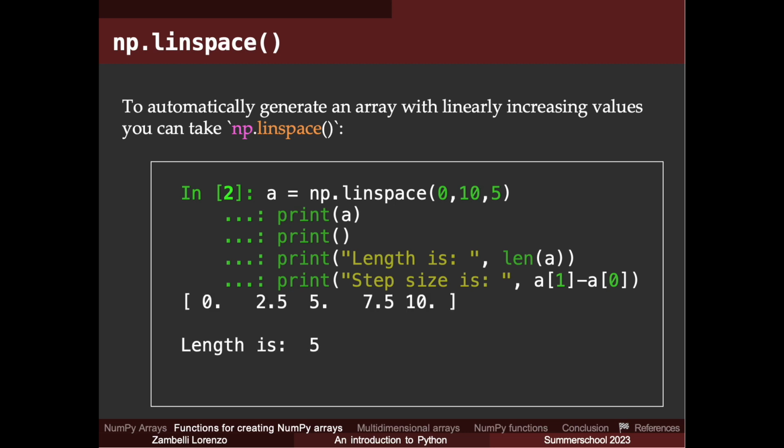So look at this example. We run it. We have the 0 because we started at 0. Then 2.5. So we have a step size of 2.5 and until 10.